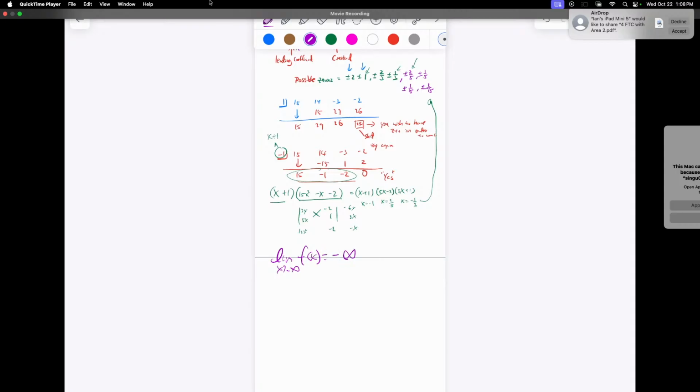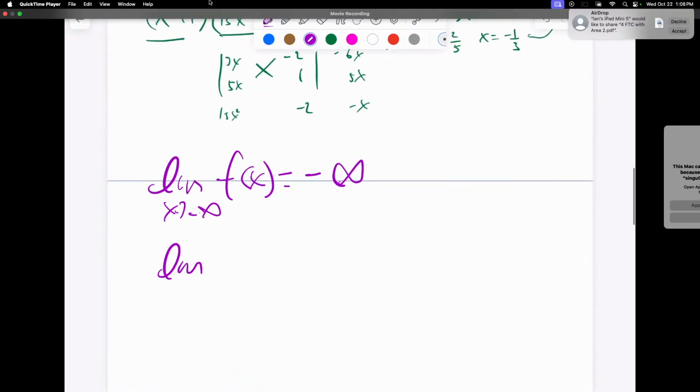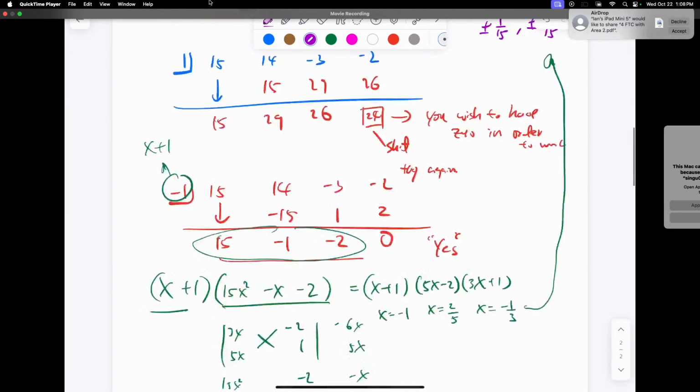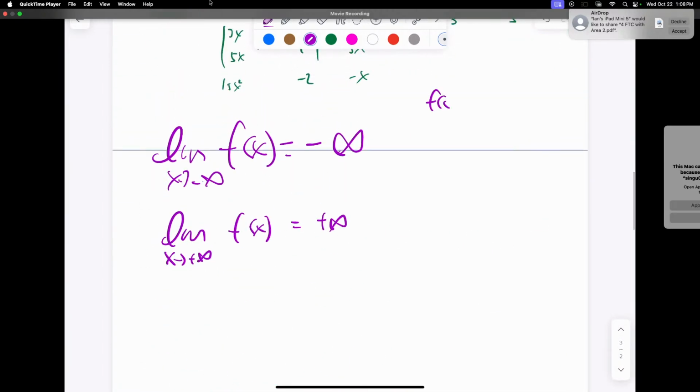Negative infinity. Thank you. And as x approaches positive infinity, f of x equals positive infinity due to the leading coefficient, 15x cubed.